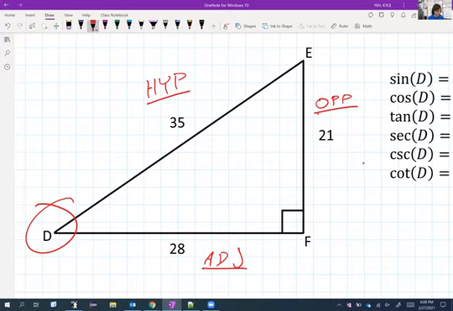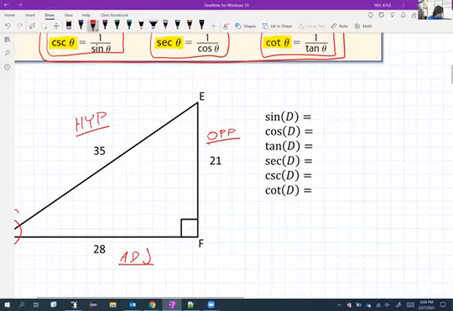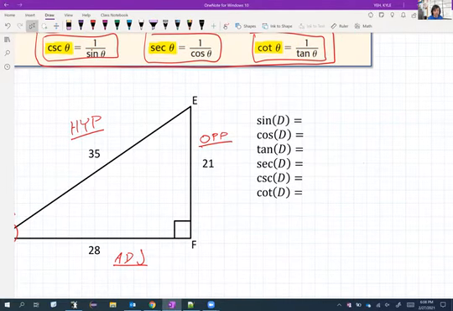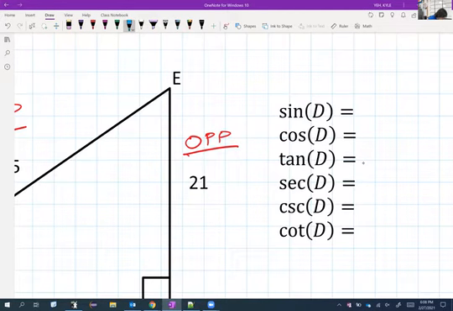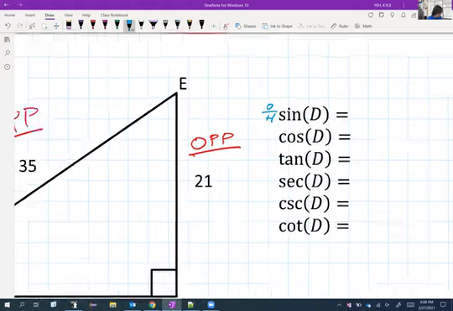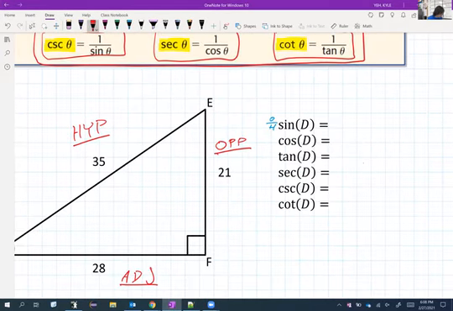Now, why do I like to label these? Because now it makes my job really easy. I know that sine is opposite over hypotenuse. So SOH. That means sine of D is just going to be 21, my opposite side, over 35.